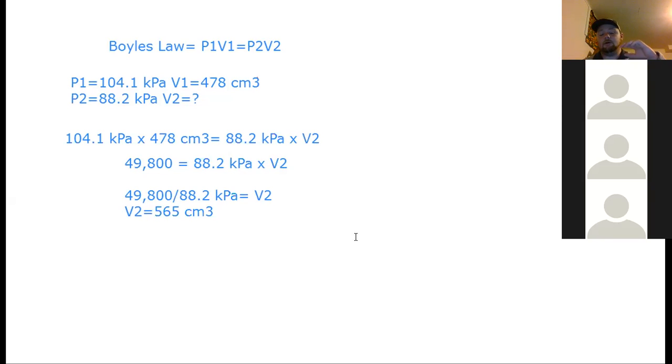If P2 is smaller than P1, V2 will be bigger than V1. They're inversely related. As one goes up, the other goes down. Does that make sense? Yeah, makes sense.